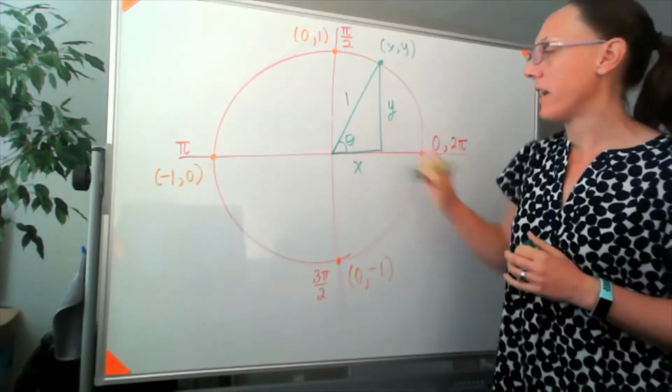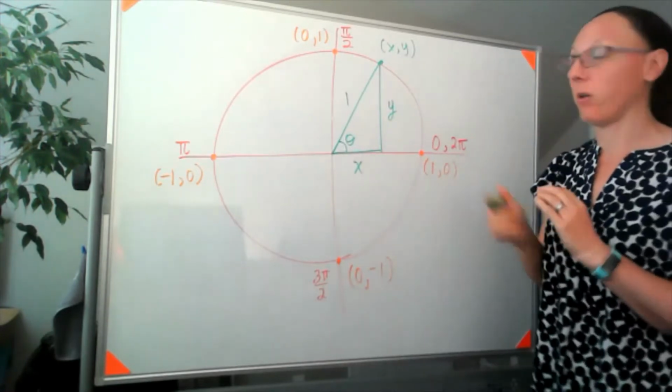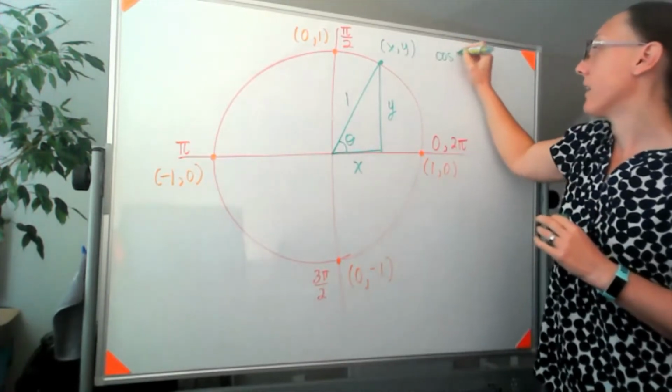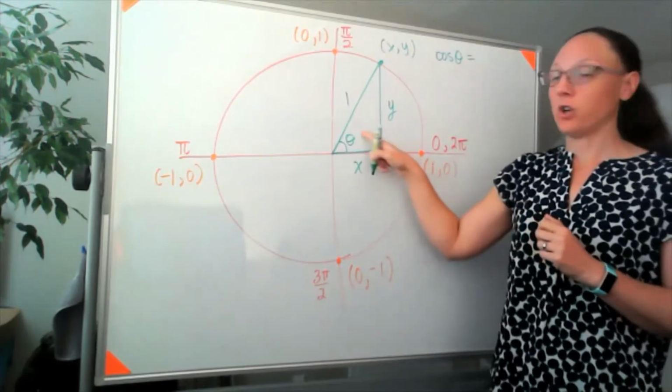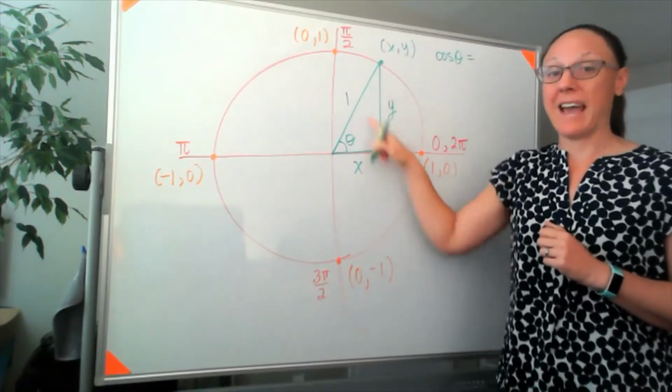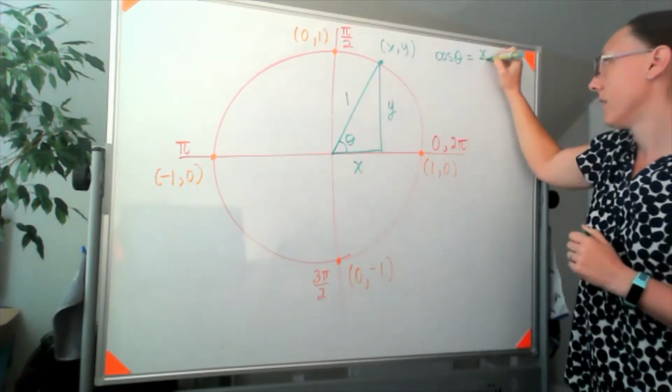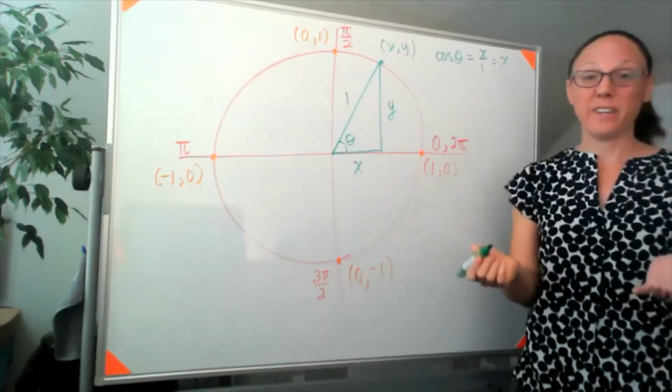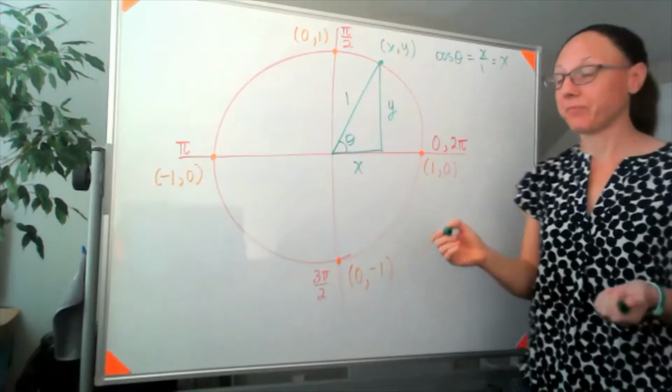So if I put my theta right here, and we think about cosine of theta, well, cosine of theta is the adjacent side over the hypotenuse, so that's going to be x over 1, or really just our x value.